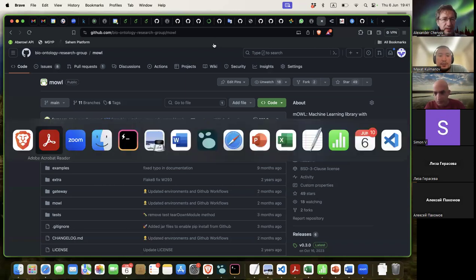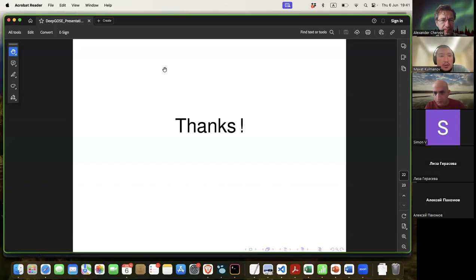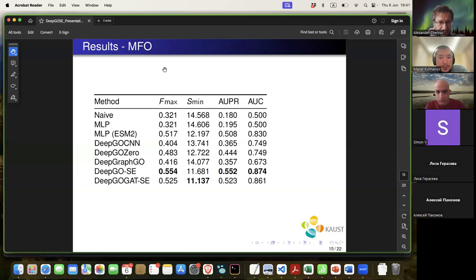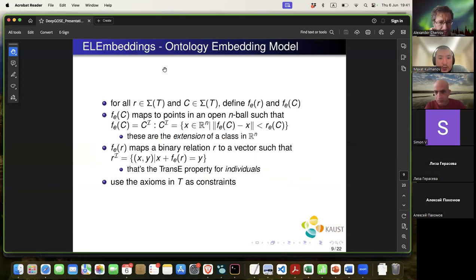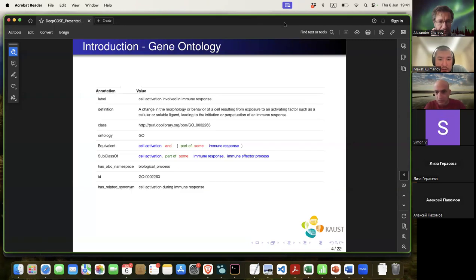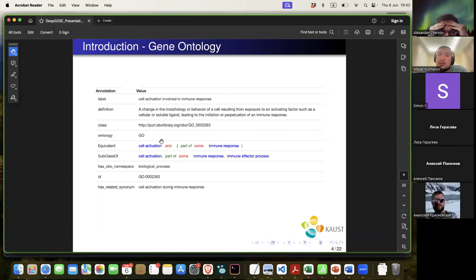How does it work? I can show you this example here. You have, for example, this GO class called cell activation involved in immune response. This is in the ontology, and it is equivalent to cell activation and part of some immune response. So this class is more specific than these two, which are more general.